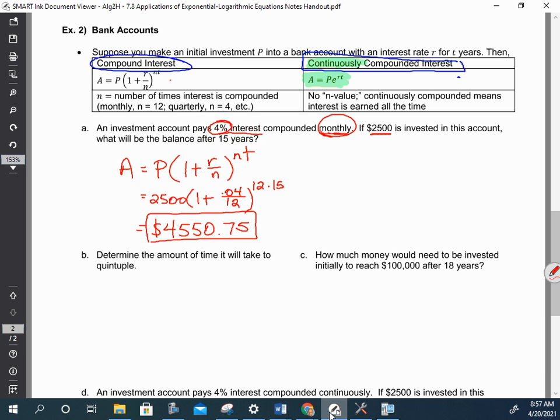The answer is no. Money is always two decimal places. All right, any questions before we continue?